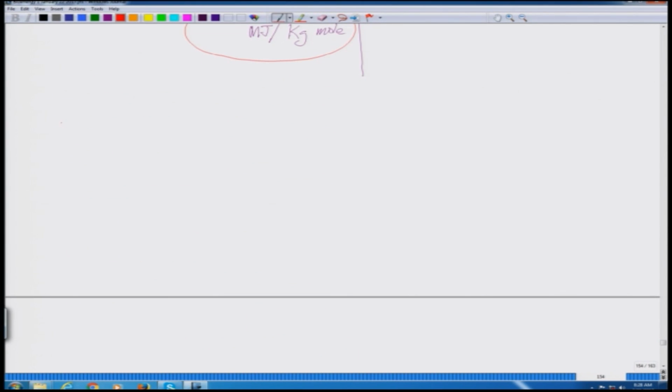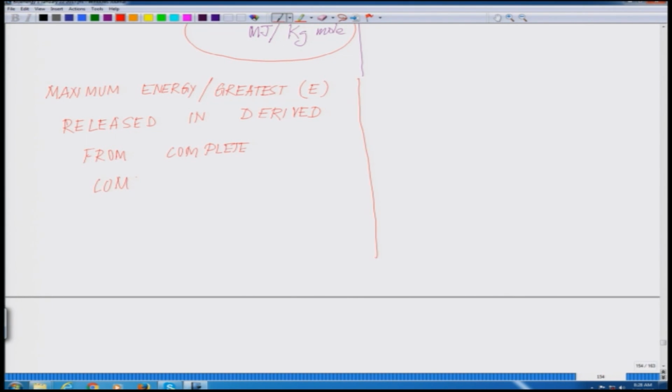So, the conclusion from stage 1 that you are drawing is that the maximum energy, or the greatest energy released, is derived from complete combustion of carbon, and the values you can compare.